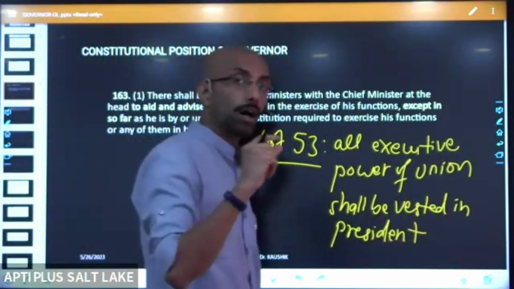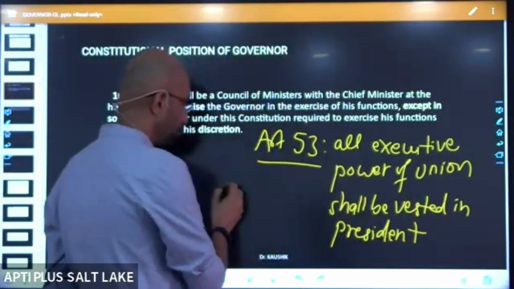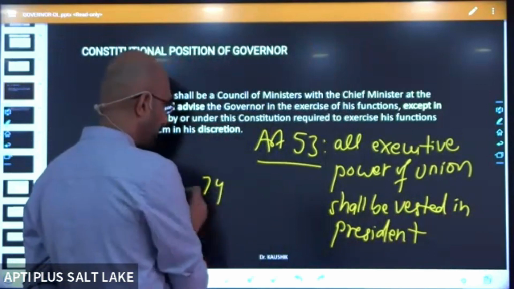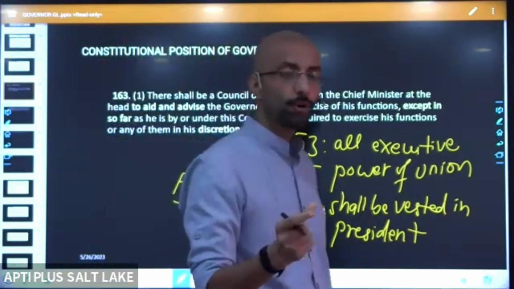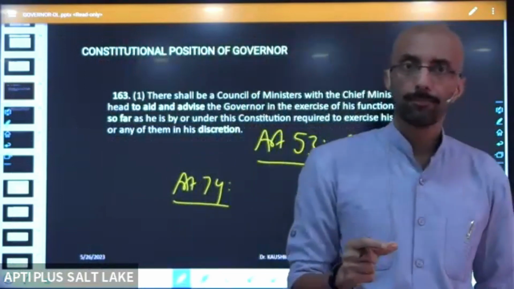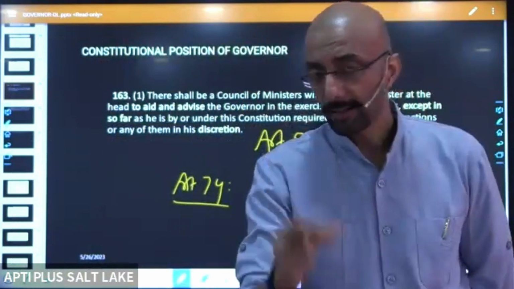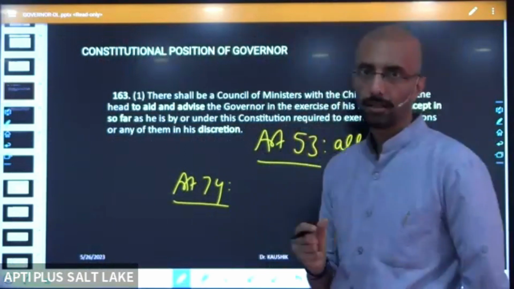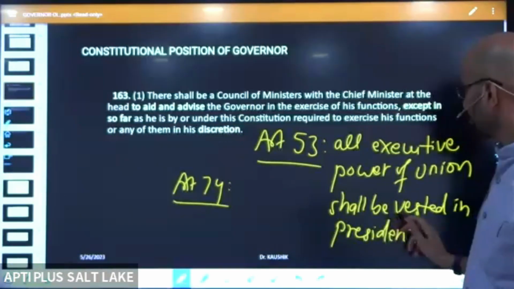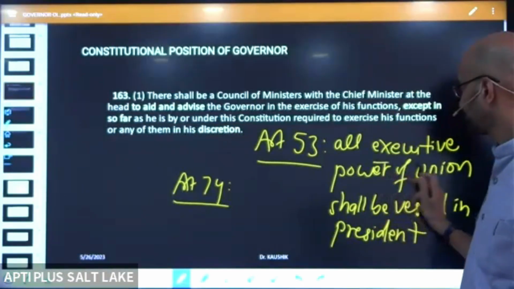Now, another article which we have to briefly go through is Article 74, which provides for a council of ministers with the PM at the head to aid and advise the president in exercise of his executive functions.